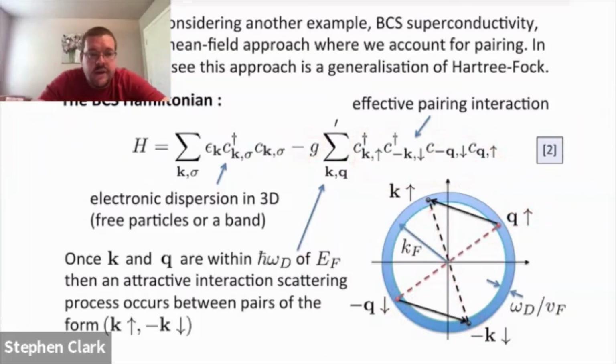It's essentially the problem that Bardeen, Cooper, and Schrieffer boiled superconductivity down to, and then they wanted to solve this problem. But of course, this is still an interaction term, so we can't diagonalize the Hamiltonian exactly. But what we can do is we can use a variational approach using the kinds of methods that we've been discussing. Except the difference is now that we're going to use a variational approach that doesn't conserve the number of particles.